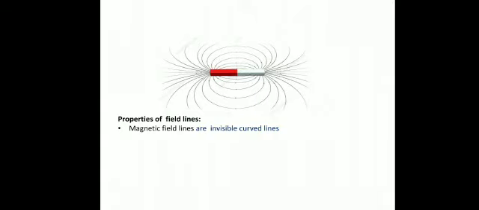So people started following this, and then we did some experiments to find out whether what that scientist is saying is correct or not. So from his point of view, the properties of field lines are that every magnetic field line is invisible, no one can see it, right? But they are also curved lines. So magnetic field lines are invisible curved lines, very important.